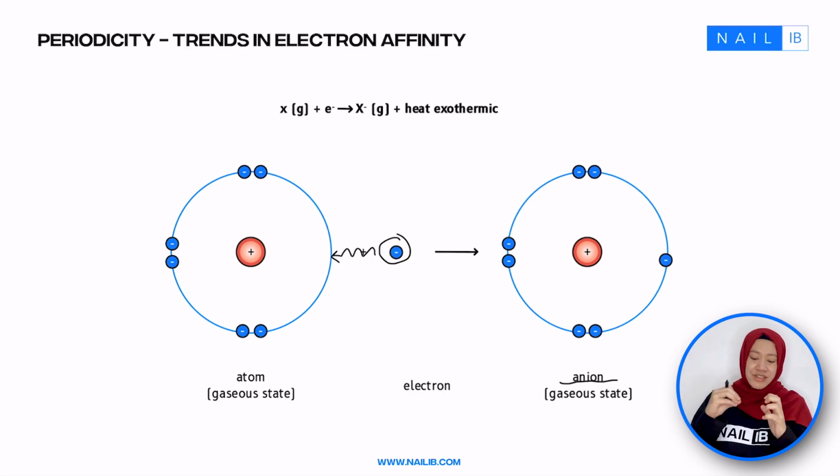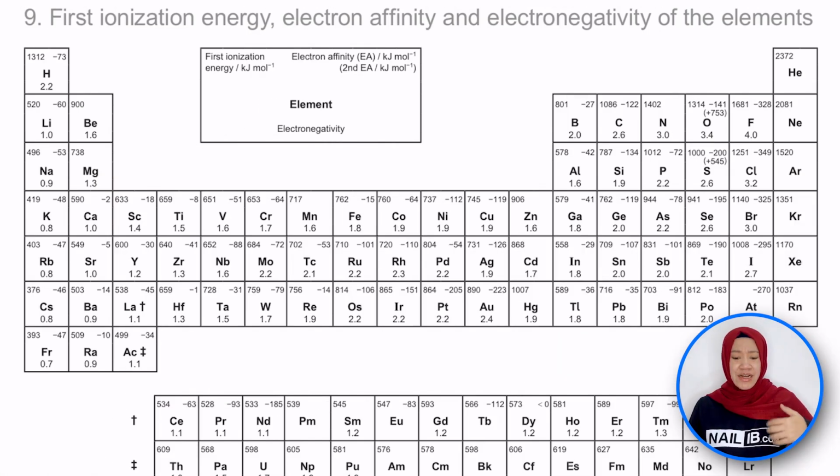So to disturb it and get an electron attracted, it releases more energy. So across a period, electron affinity increases. Down a group, it decreases. And when you need to do calculations, the electron affinity numbers are provided in the data booklet.